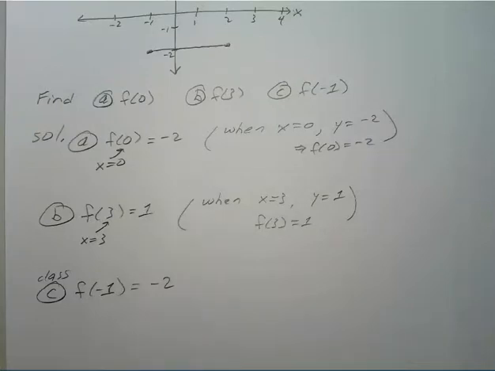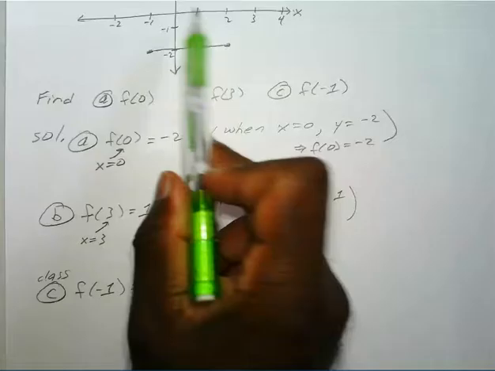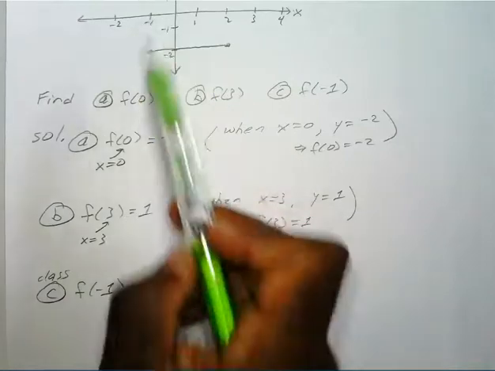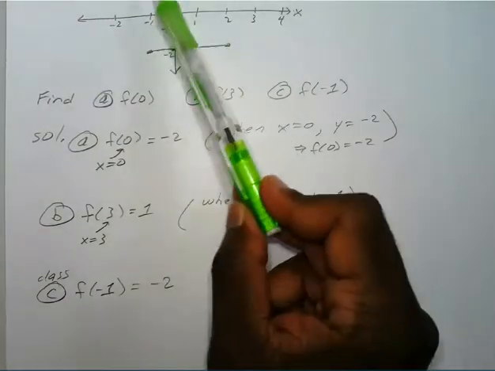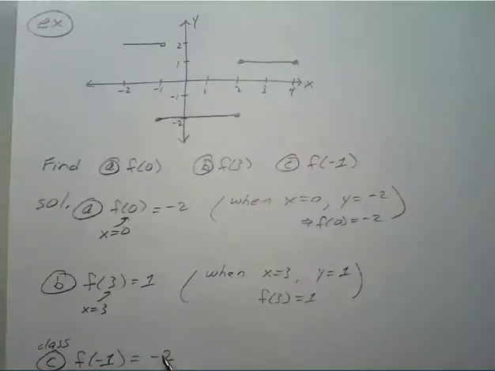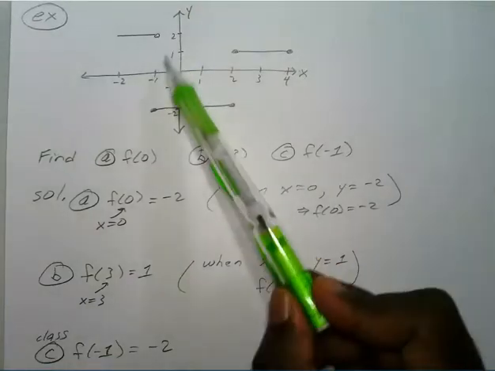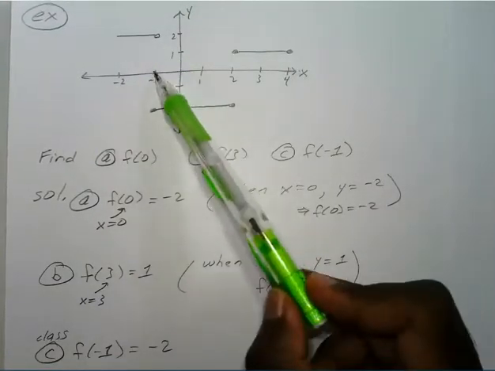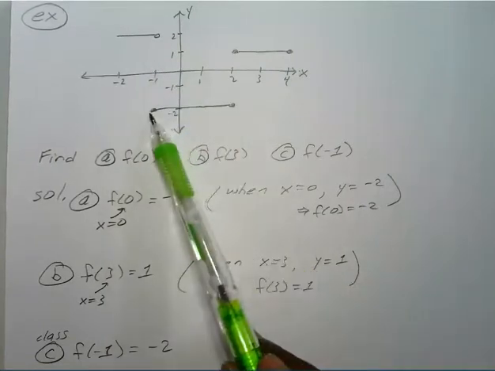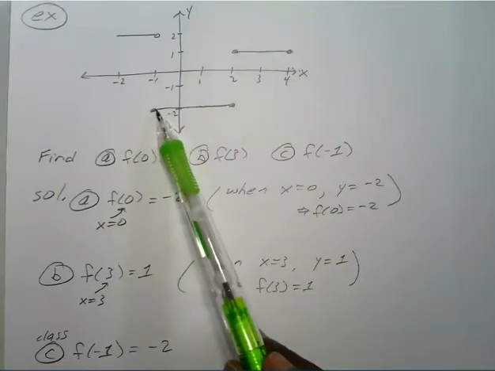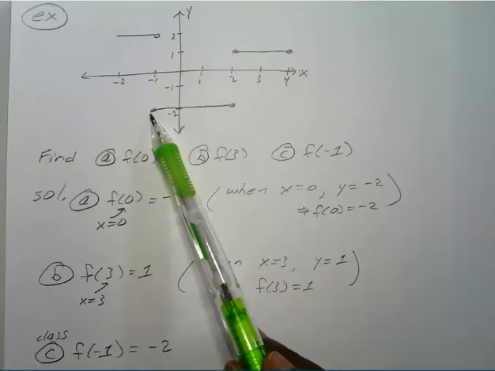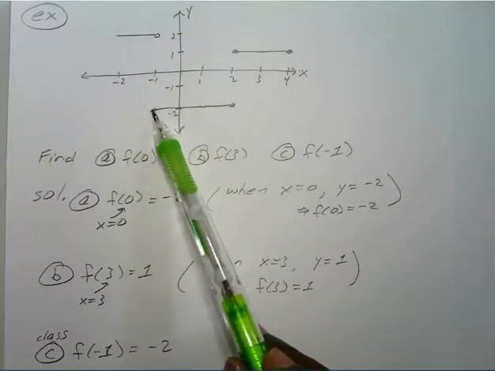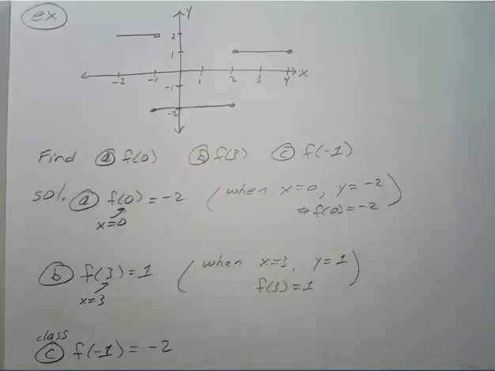Okay. Why is that? Because when x is equal to -1, it wouldn't be +2. Let me move that down. It wouldn't be +2 because you have that open circle. Okay, at x equals -1, you have the closed circle, which means it actually equals -2, sorry about that.